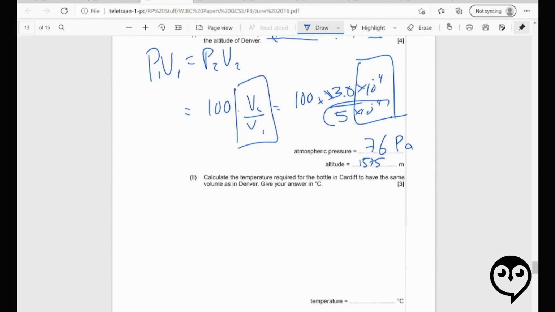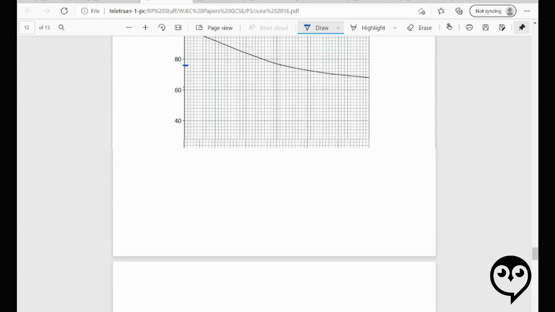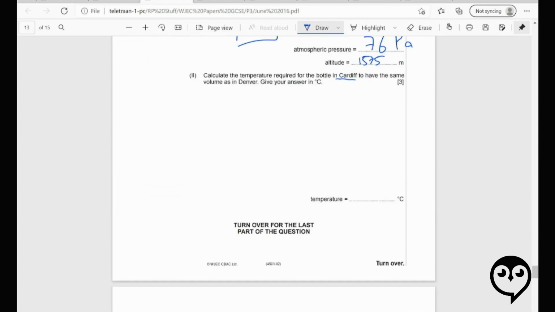Calculate the temperature required for the bottle in Cardiff to have the same volume. Okay. Temperature in Cardiff. All right. What was the temperature? Temperature was 293 Kelvin to begin with. Always got to convert to Kelvin when you're doing your Gay-Lussac law.